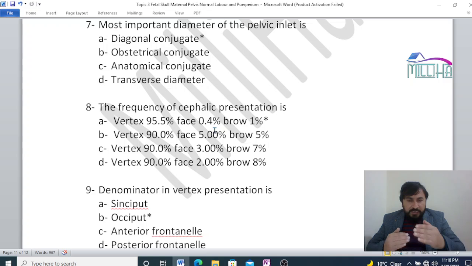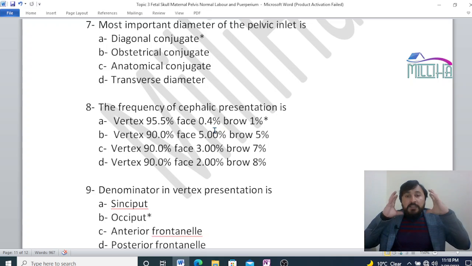I had already explained that the part which occupies the lower pole of the uterus is called the presentation. A part of the presentation is called the presenting part. A part of the presenting part is called the denominator.